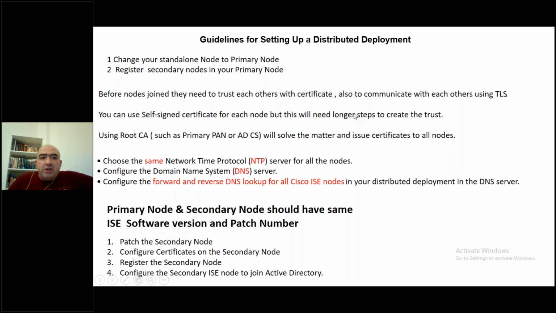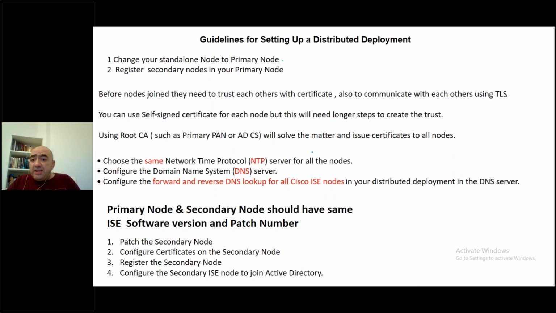So the first thing I need to do is change my standalone node to a primary node. So I will go and say make primary for my device. Then I will start to register any nodes, including the secondary node, MNT, and so on. The important thing that you need to keep in mind is that all your nodes in the ISE cube need to have the same source of NTP.